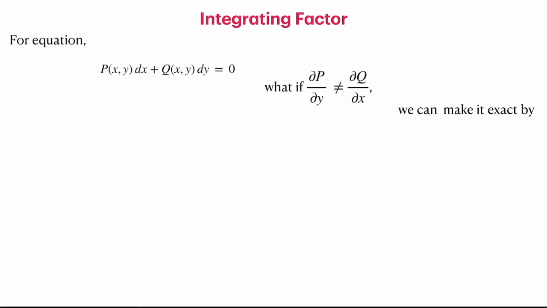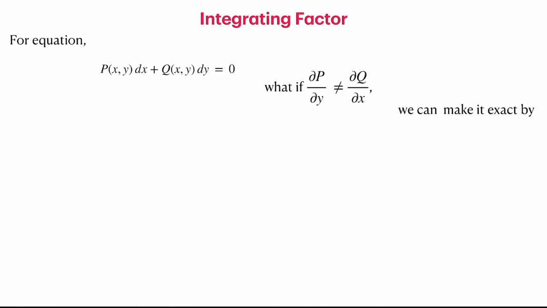Now we have seen that our method of solving the differential equation essentially relies on the fact that p dx plus q dy equal to 0 satisfies the exactness condition. Now what if dp by dy is not equal to dq by dx, that is, it does not satisfy the exact differential condition?